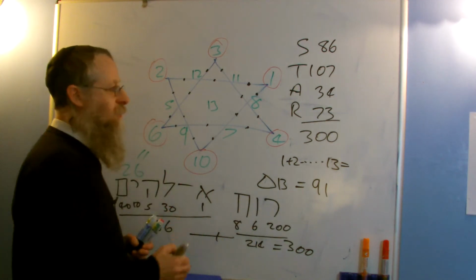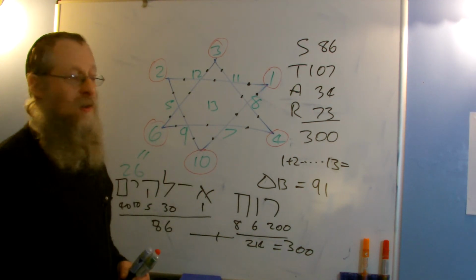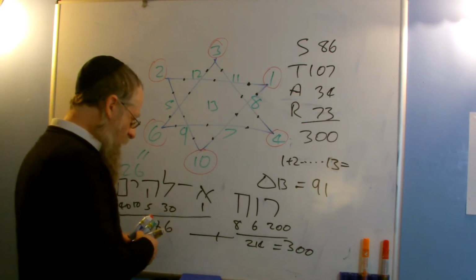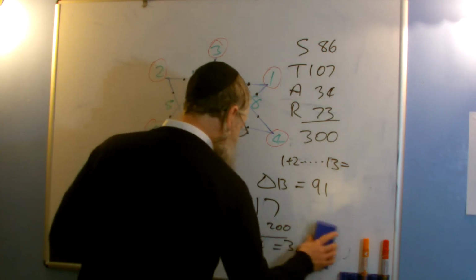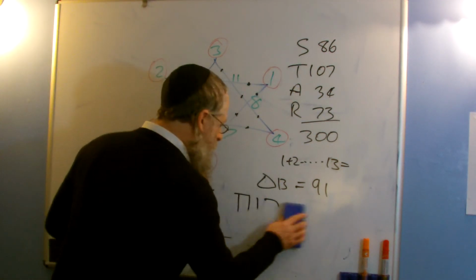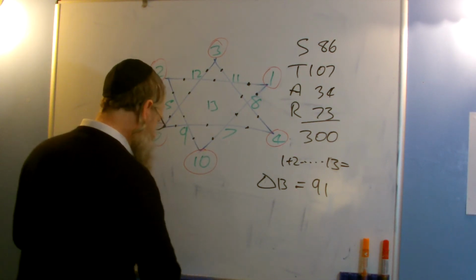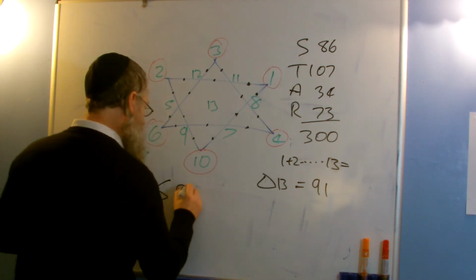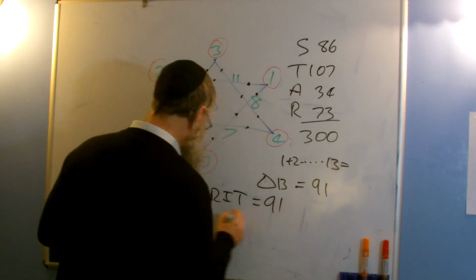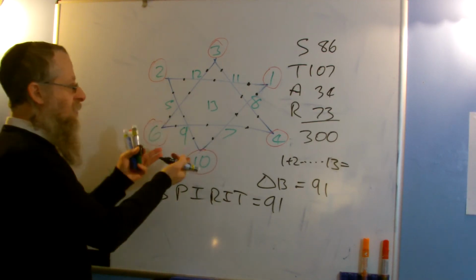If you add 13 plus 12 plus 11, 10, etc., all the way down to 1, you'll get 91. The word spirit in English, which is what we translate Ruach, Spirit of God, has a placement value of 91. So now we've linked spirit also to this shape.